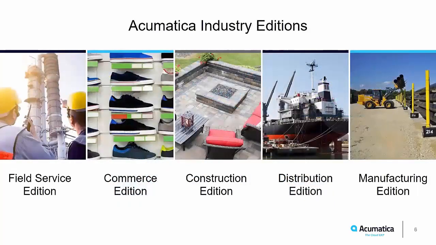This core set of modules is part of what would be added to Acumatica if you were to buy what we call the distribution edition. So you'd get all your financial modules, which are general ledger, accounts payable, banking, and accounts receivable. And the distribution edition would now include the four modules that we're talking about.